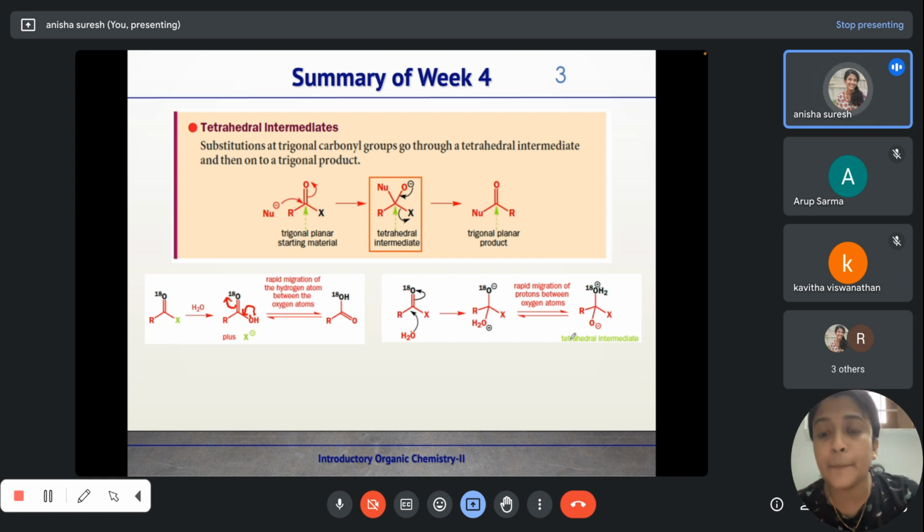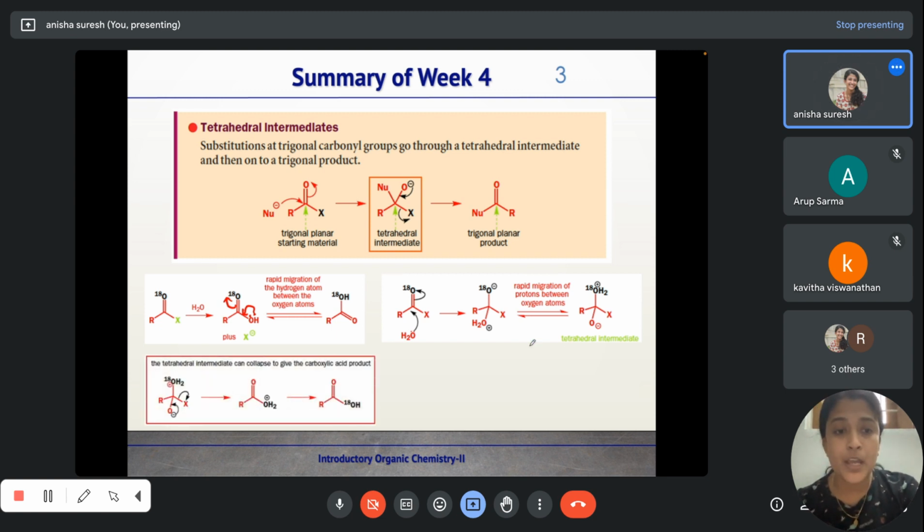Now what will be the final outcome? The tetrahedral intermediate collapses to give the carboxylic acid product. The O minus falls down and removes the leaving group, resulting in the formation of this product, and upon removal of one proton, it results in the carboxylic acid product.